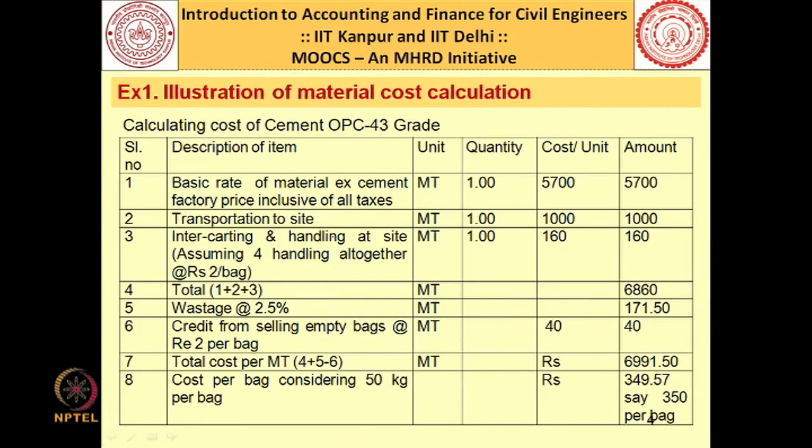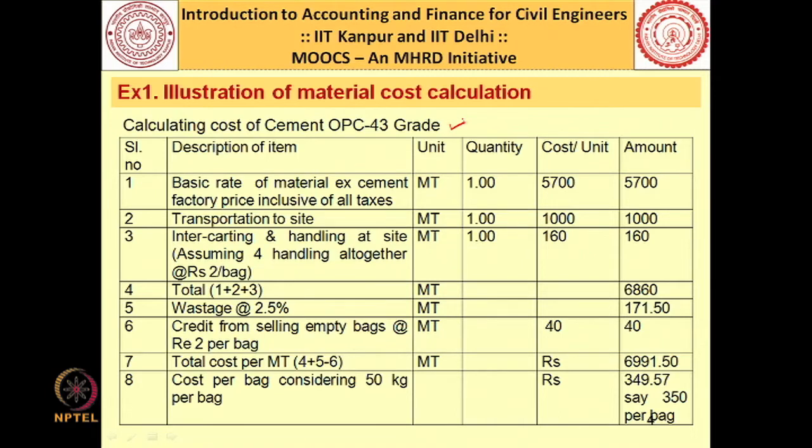Now, as far as unit rate analysis is concerned, we will apply this method in order to illustrate the costing of cement. Let us say the cement is OPC 43 grade and we would like to find out the unit cost of this particular material.